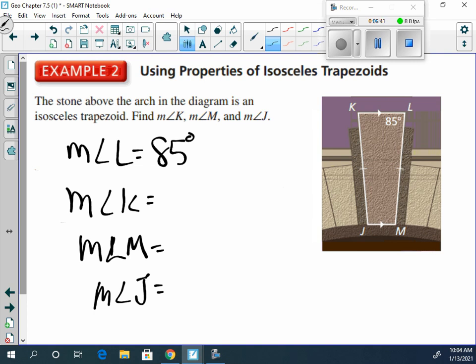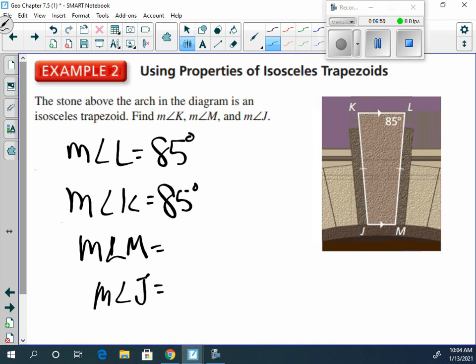K, what is K? 85, because the base angles are congruent. What does that mean about the other two angles? They're going to be the same, because they are base angles.